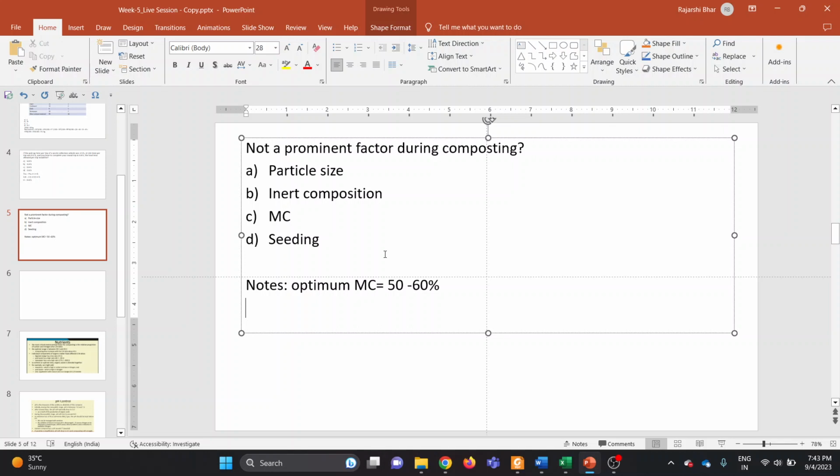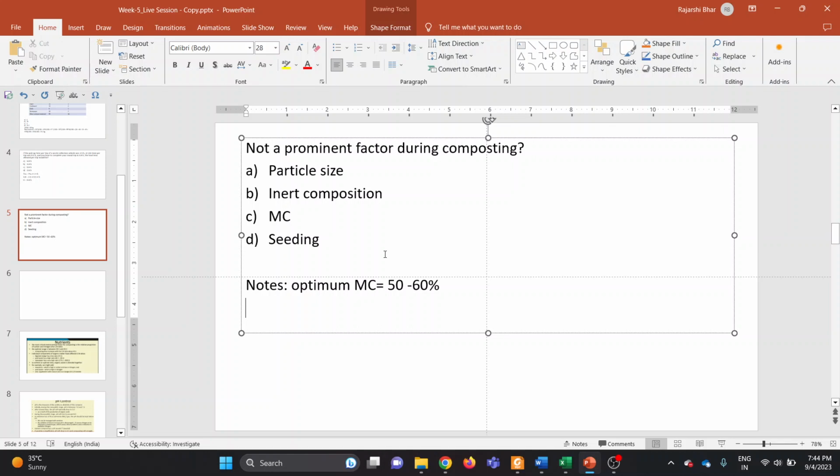So if you keep on filling more and more water, the air will start getting displaced, and finally you will have a mass that has very little or no air. In those cases, the aerobic organisms which are necessary for composting can't function properly. And there is a very high probability that an anaerobic system may form there, due to which there can be emission of foul gases and various other problems. So that is why an optimum moisture content is necessary.